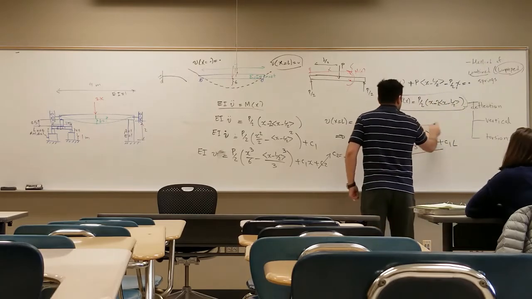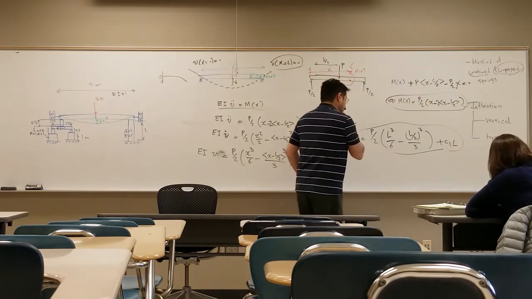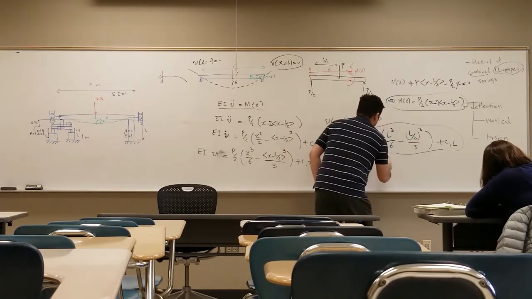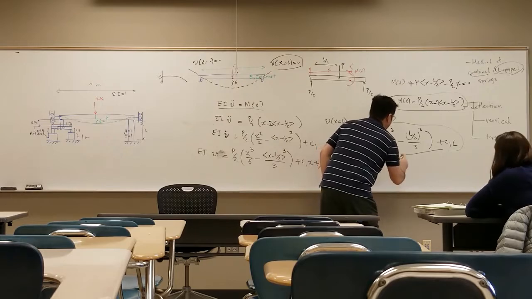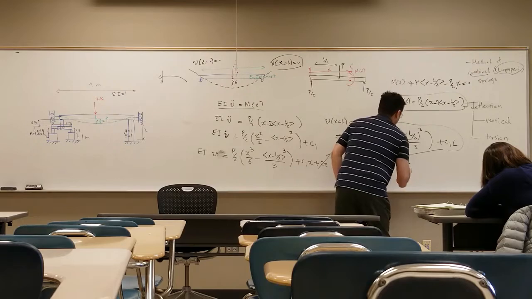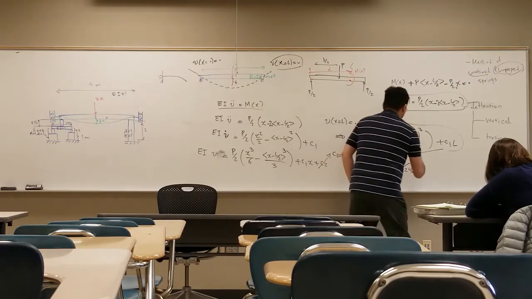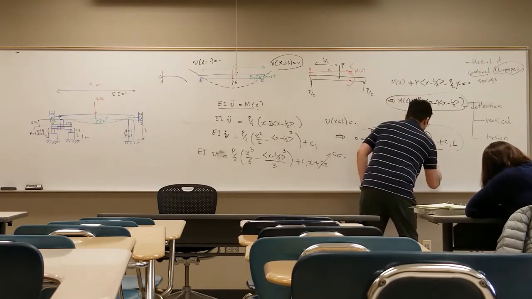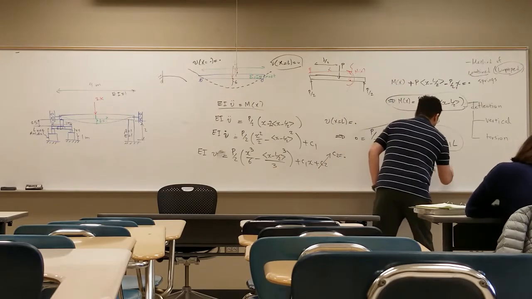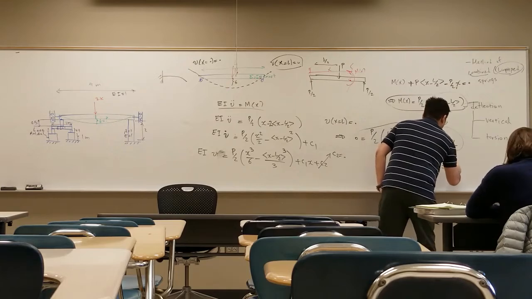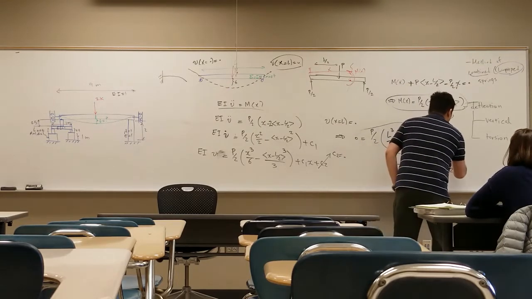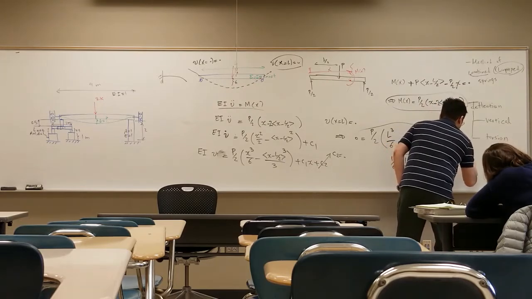To solve that for C1, this guy becomes 1 over 6 minus 1 over 24, so simplifying 24 and 4, it's 3 over 24, so it's 1 over 8.